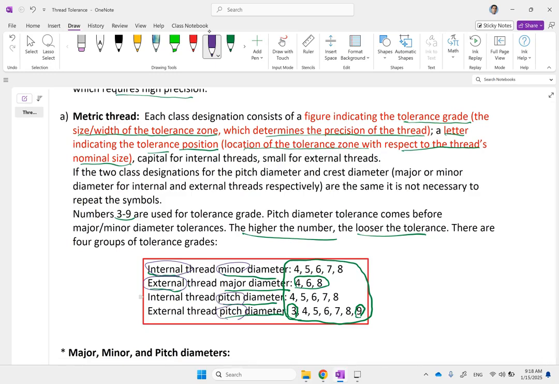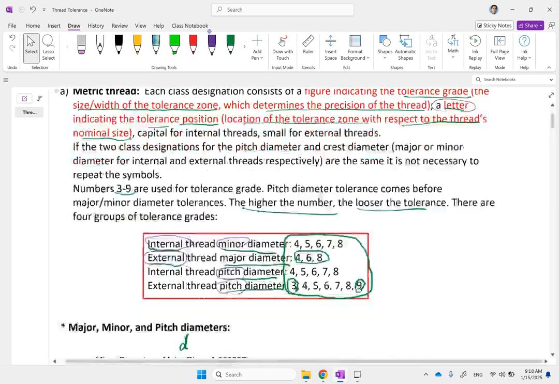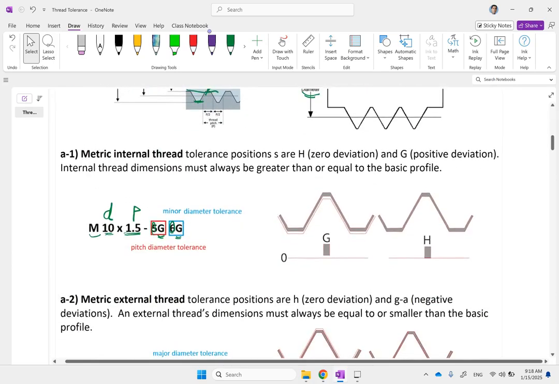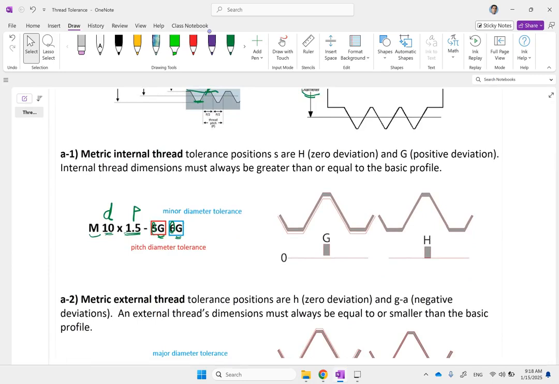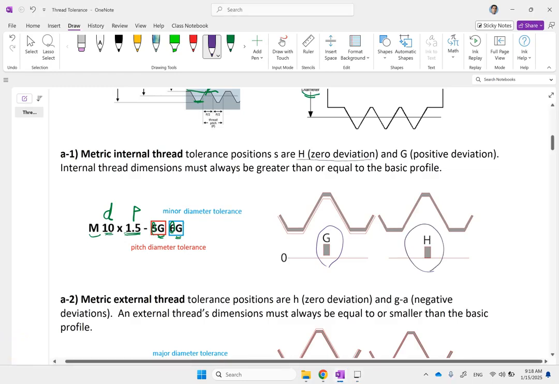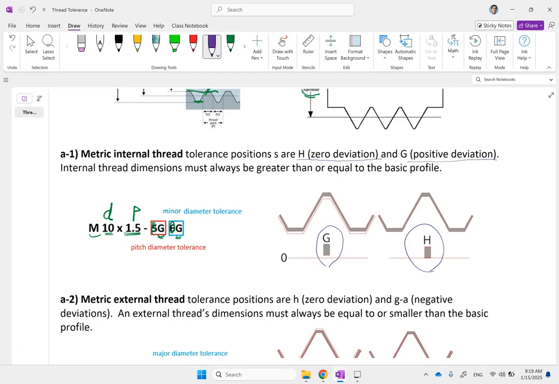And the other thing is now about the letter. What letter is that? As we'll see, for internal threads, the only two letters that are allowed for the location are capital G and capital H. Capital H means no deviation from the nominal value, G means positive deviation.